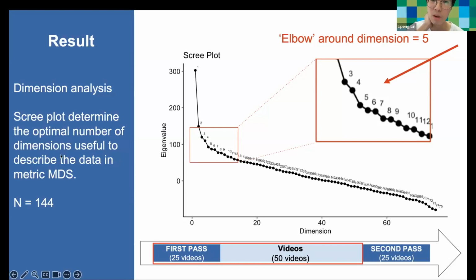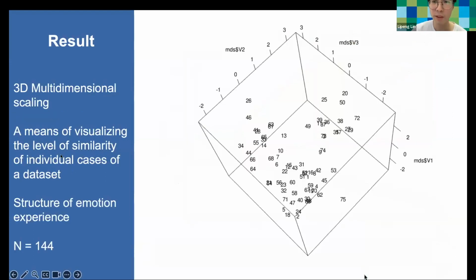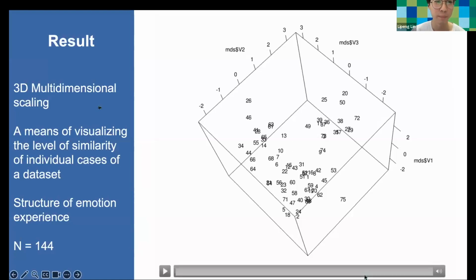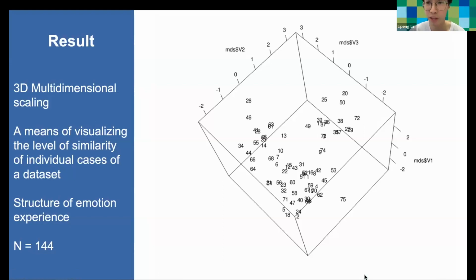The elbow of the scree plot indicates the dimension is around 5, suggesting that human emotion may be a 5-dimensional structure. But a 5-dimensional configuration is hard to visualize. So now I use 3-dimensional multi-dimensional scaling to visualize the structure instead.